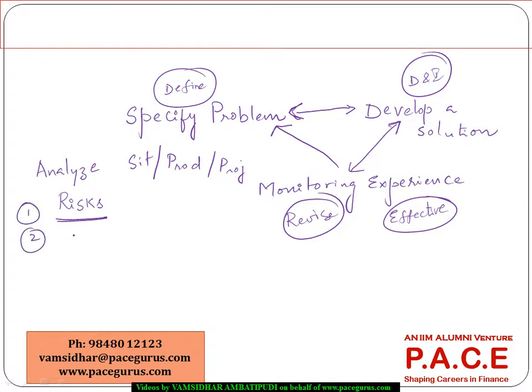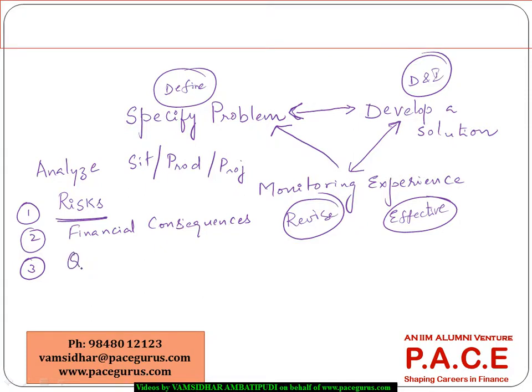And once I have identified the risk, look out for the financial consequences of the risk. It could be the probability of occurrence of that particular risk, or probably the impact in case that particular risk is going to occur.